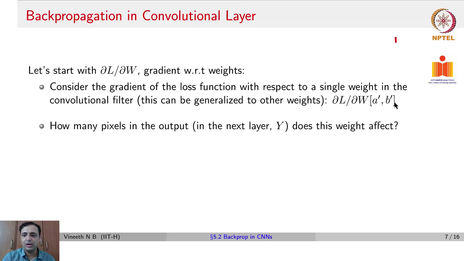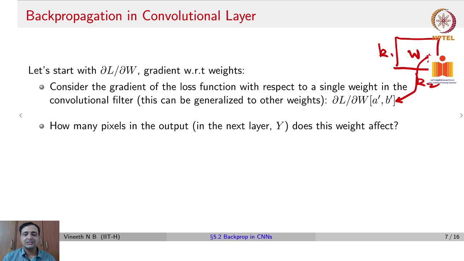So if your filter W has K1 cross K2 dimensions, one of those values inside it is W(a', b'). We now want to compute the gradient of the loss with respect to that particular weight, and then this can be generalized to all weights in that filter.